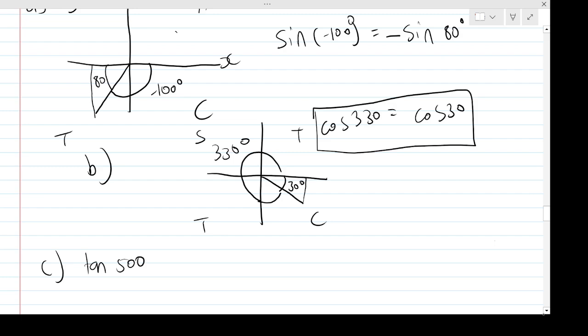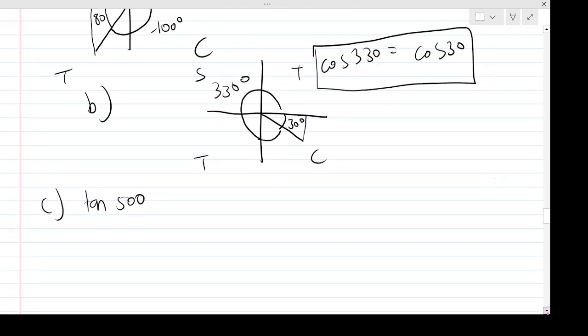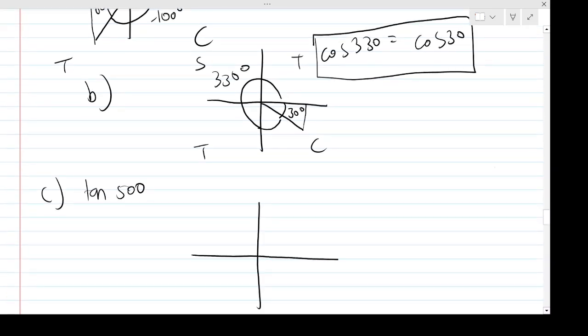Again, we're going to draw a little graph to show the angles. So 500: 360 is a full turn, we end up back here after 360. To get from 360 to 500, we need another 140. So we've got 90 there, and we need another 50.